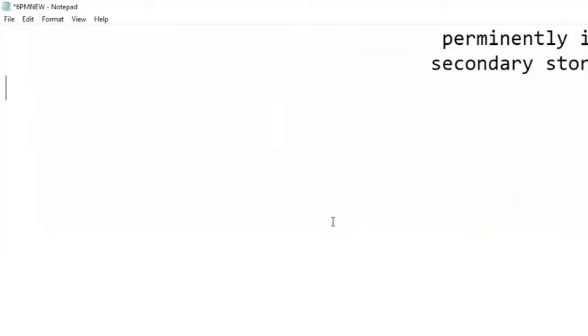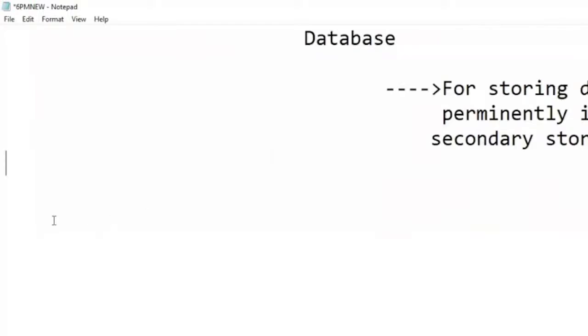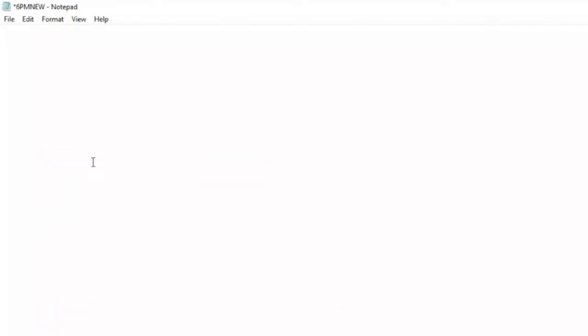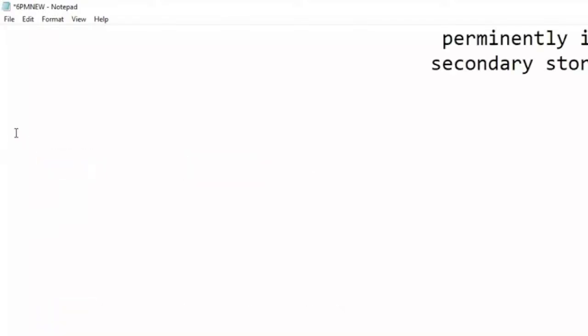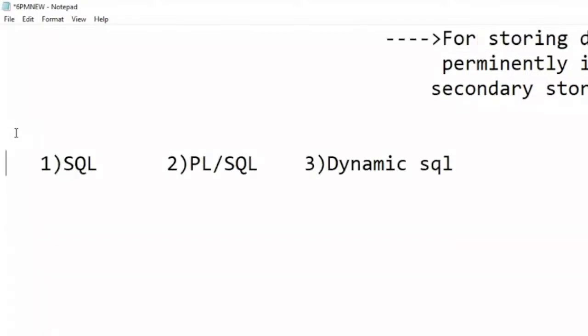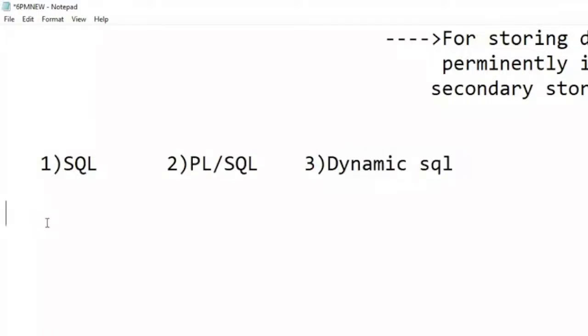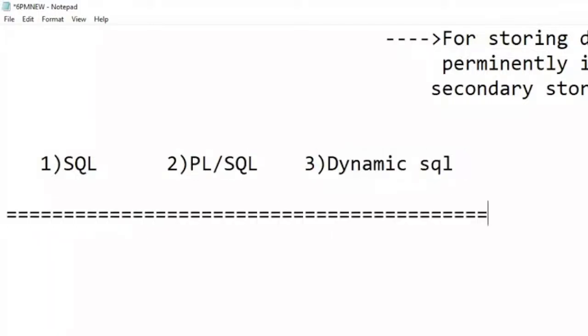These databases, Oracle, SQL Server, DB2, Sybase, MySQL, are all implemented based on the relational data model concept. For operating these products, we use SQL. But for the Oracle database product, to operate it, 3 languages are used. One is SQL, another one is PLSQL, another one is dynamic SQL. Up to this, we learned in previous classes.